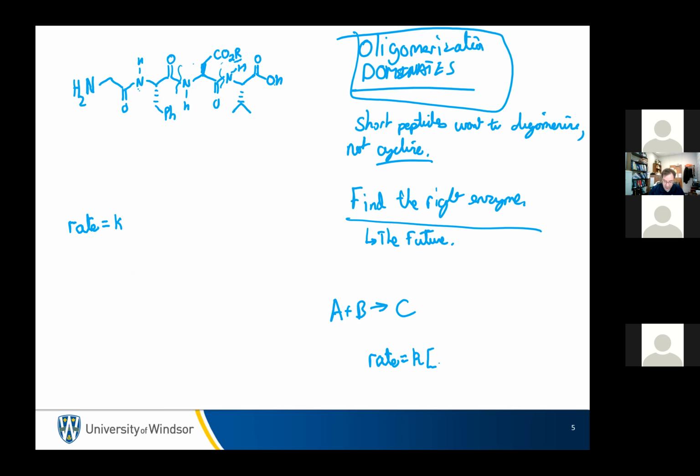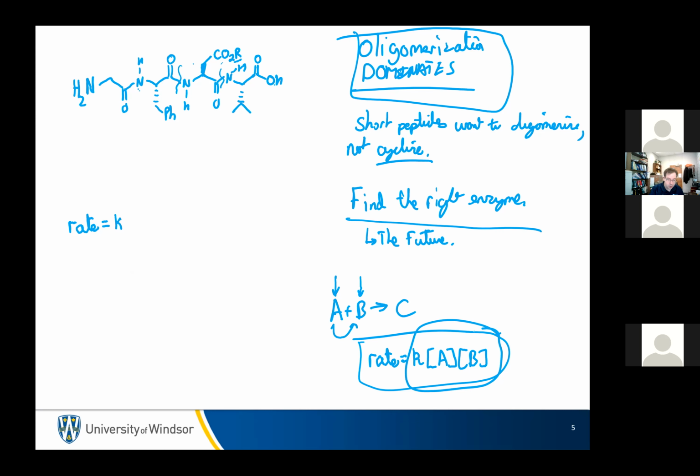So the concentration of A and the concentration of B. That's a standard rate law for a bimolecular reaction. If you increase the concentration of A, you increase the reaction rate. If you increase the concentration of B, you increase the reaction rate. And if the rate determining step is A bumping into B, then this is the rate law. The rate law basically explains what happens in a rate determining step, what molecules are involved.